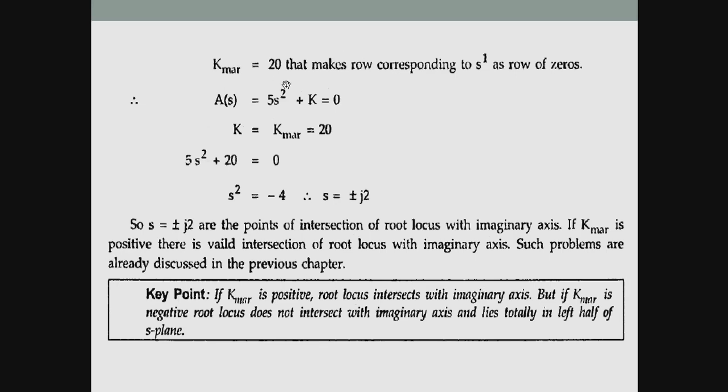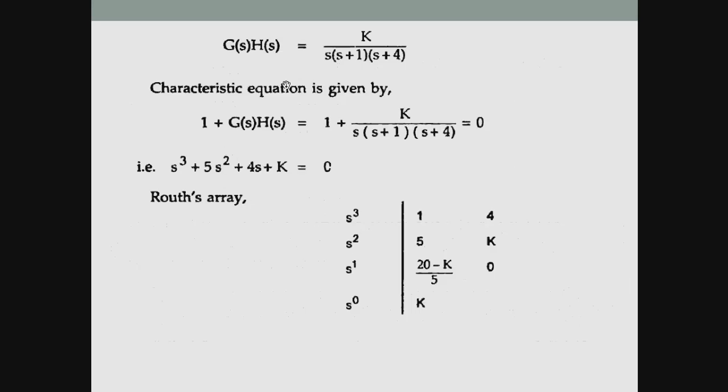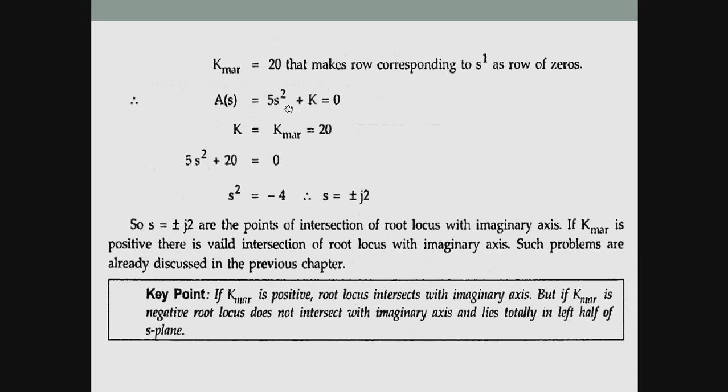That is what we have to do. If the k marginal value is 20, then we take the above equation, the s square row: 5s square plus k equal to 0, with k equal to k marginal equal to 20.